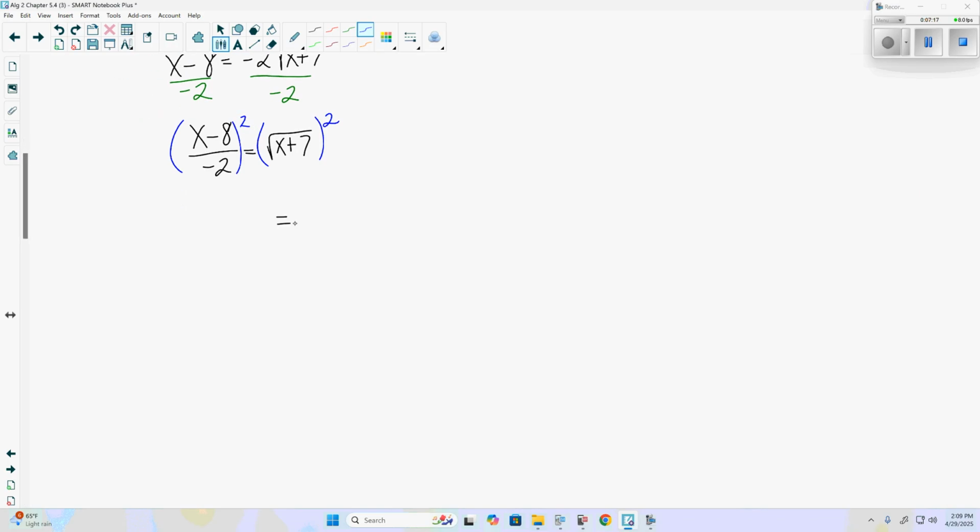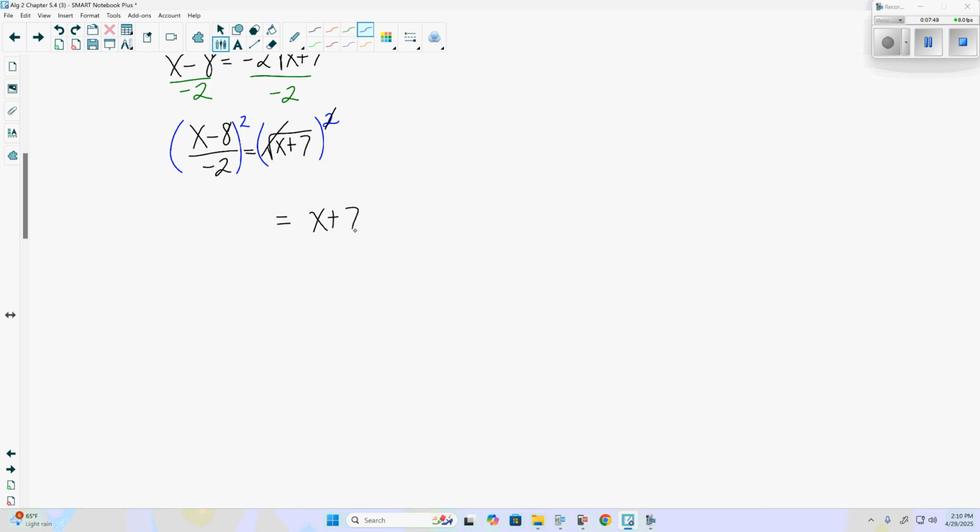Now this time I'm going to focus on the right side first, because that square root's the only term on the right side, so when we square it, the square root and square will cancel out, which is nice because now we won't have any radicals left. But let's look at the left side. Now, as long as we don't have addition and subtraction on top or bottom, we can just square the top and bottom. Yes?